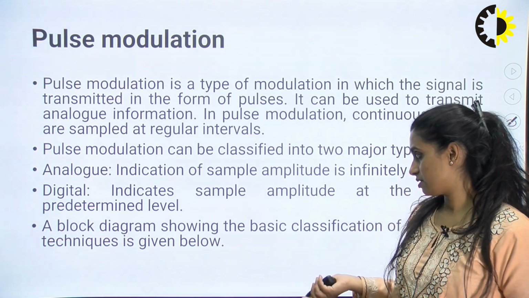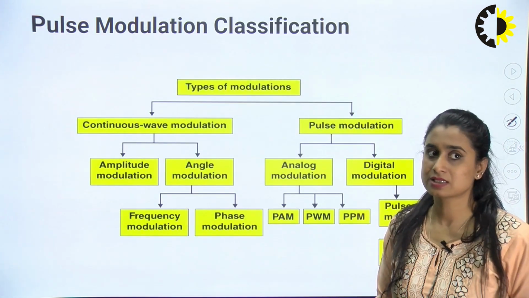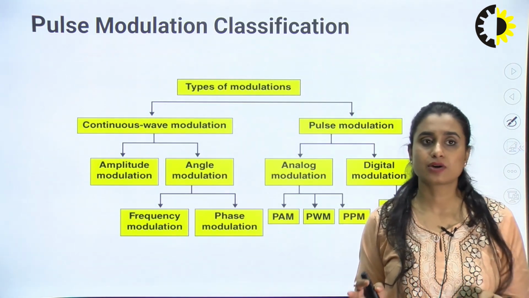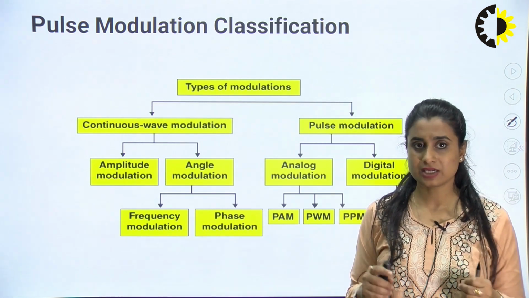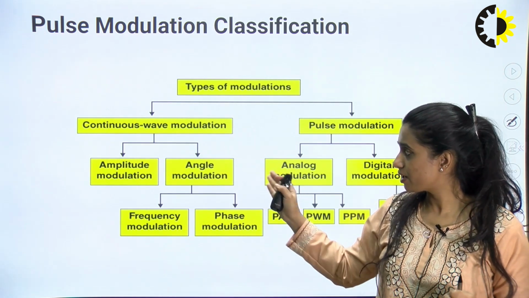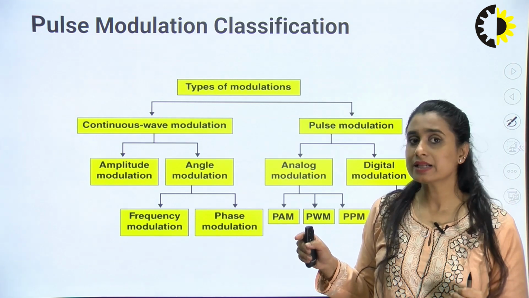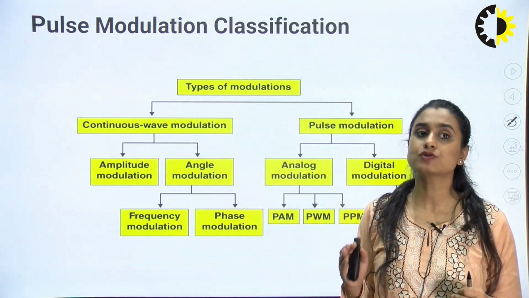With the help of a block diagram, I'll show the basic classification of modulation techniques. Even before classifying into analog and digital, we can classify on the basis of what kind of carrier waves we use.